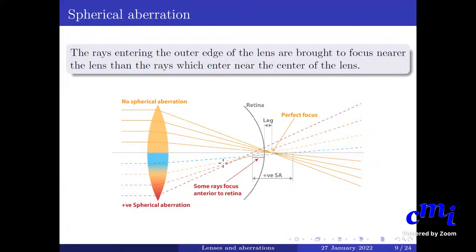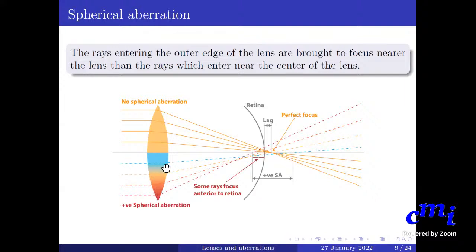On the top here, these orange rays are showing no spherical aberration, which means whether the rays are at the center of the lens or at the edge, they are all being focused at the same point. That is what perfect focus means. On the bottom side, they have shown spherical aberration.